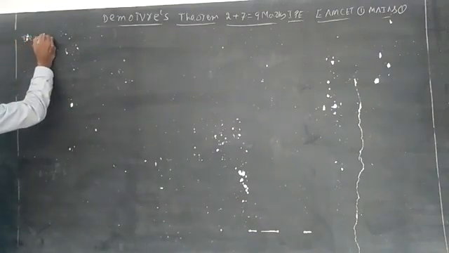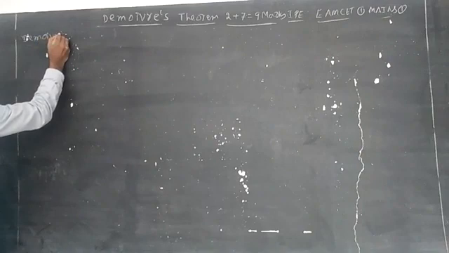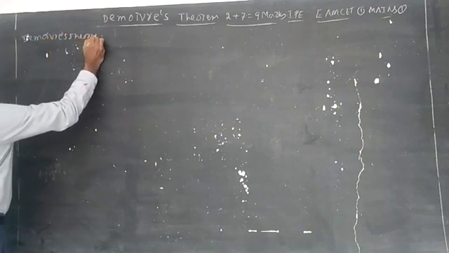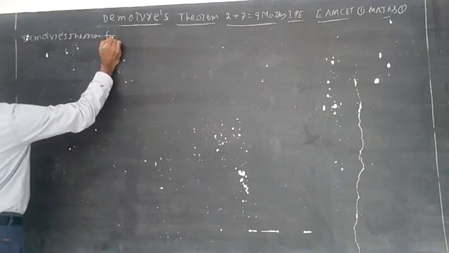Put the side heading: De Moivre's theorem for negative integer.